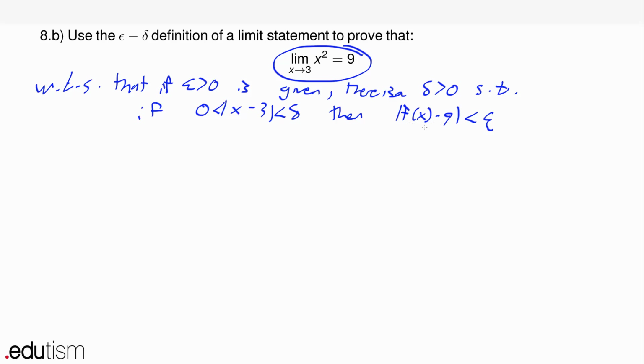So what we're going to do is expand this statement at the end here and see what it really says. Well, f of x is x squared, so really what we're trying to say is the distance between x squared and 9 is less than epsilon.